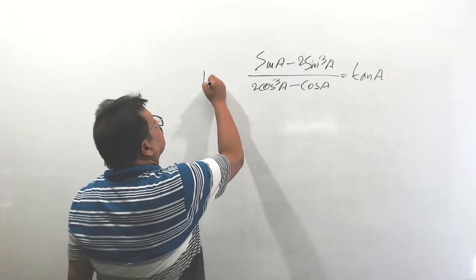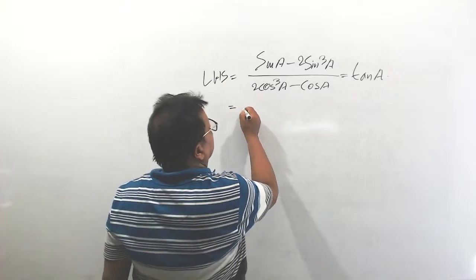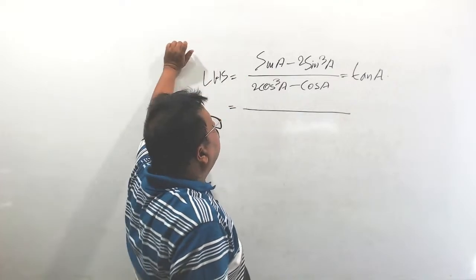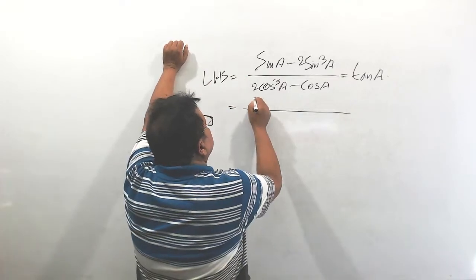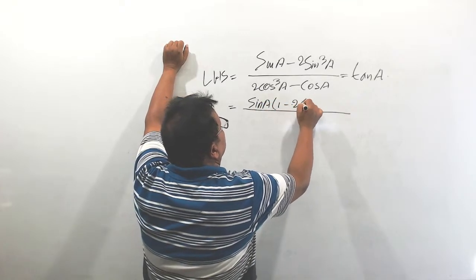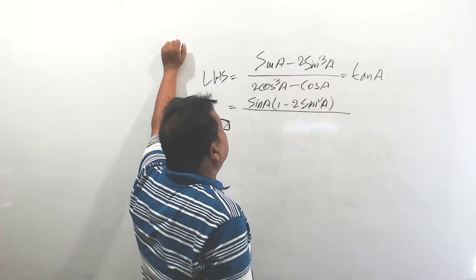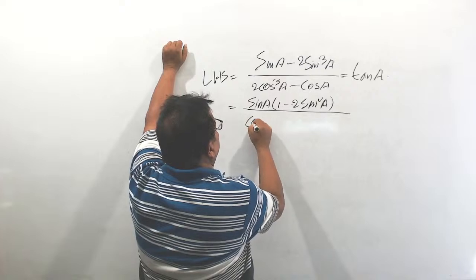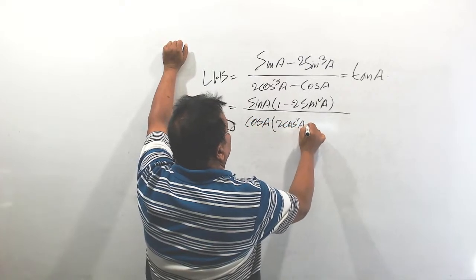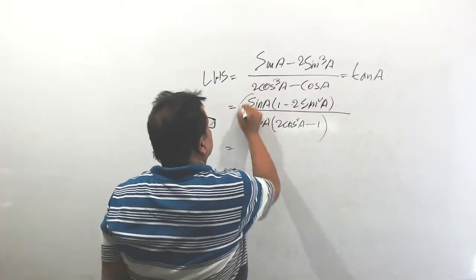Left hand side. From the numerator, can you take common sin A? See, take common sin A. If you take common sin A, 1 minus 2 sin square A. Understood? If you take common cos A from the denominator, 2 cos square A minus 1. Understood? Now, what is this?